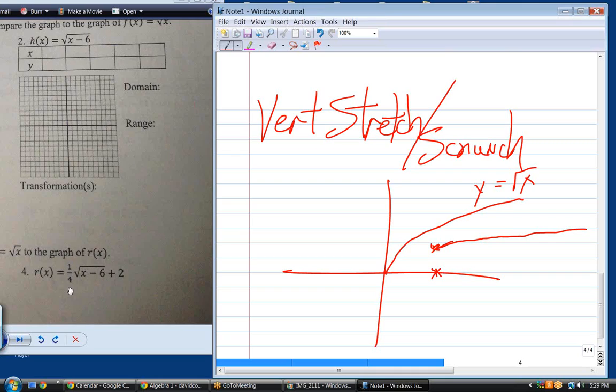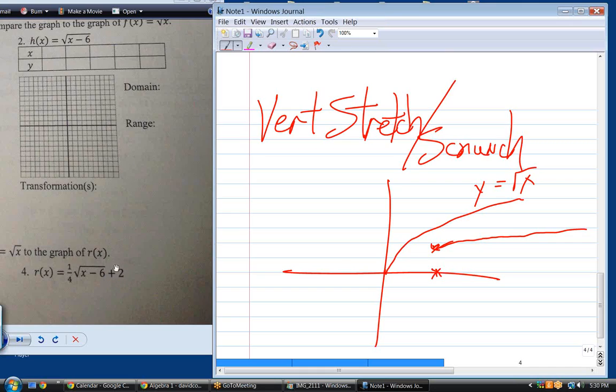You have to say by how much. So it's a vertical scrunch by 1/4. And what's the rest of it? A horizontal shift to the right by 6 units. What's the third thing? A vertical shift up 2 units.